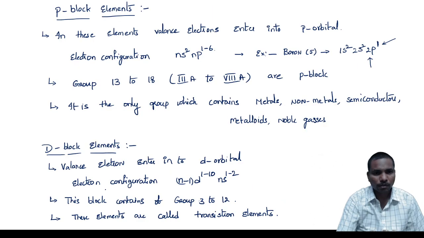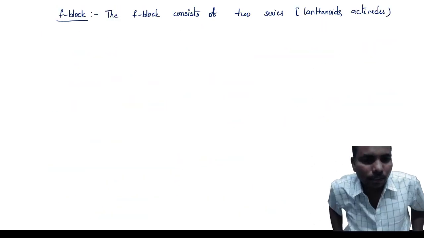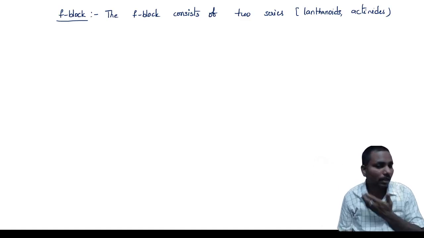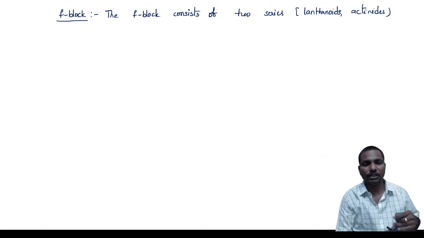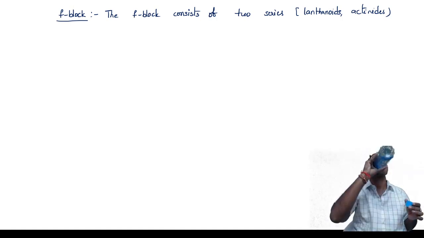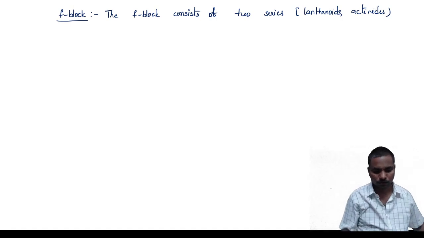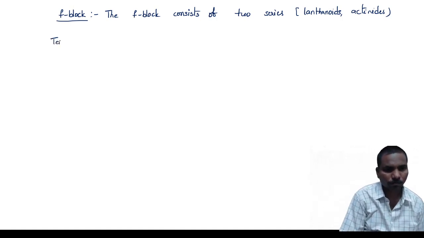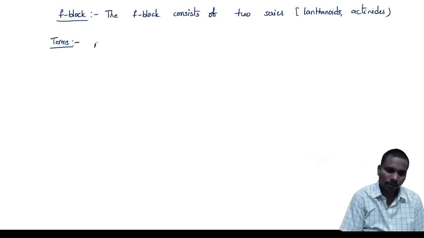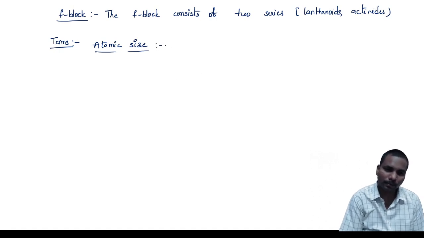Now after this, we want to discuss some important terminology in this periodic classification of elements. Let us take atomic size. What is atomic size? Atomic size is nothing but the radius of the atom.